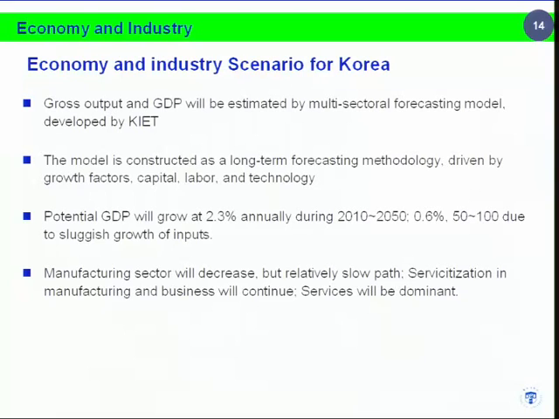Definitely Taiwan is a big competitor, I'm pretty sure. And China, Indonesia, India, and every country in the world. So inevitably, the Korean industrial activity and industrial structure will be more service industry oriented in the future.